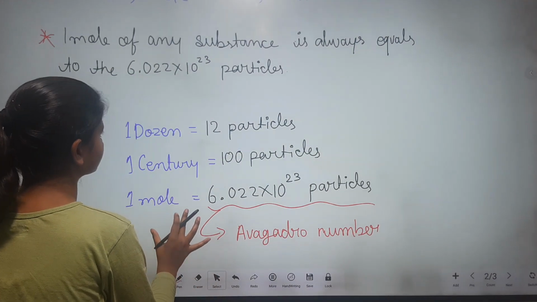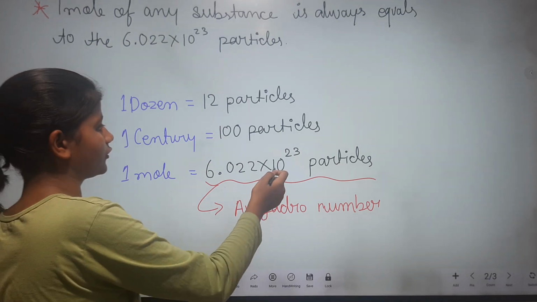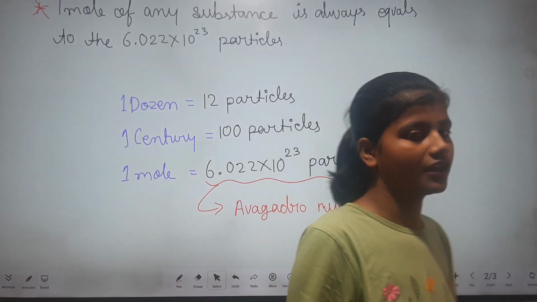So 1 dozen is 12 particles, 1 century is 100 particles, and 1 mole is 6.022 into 10 to the power 23 particles. This is our Avogadro number.